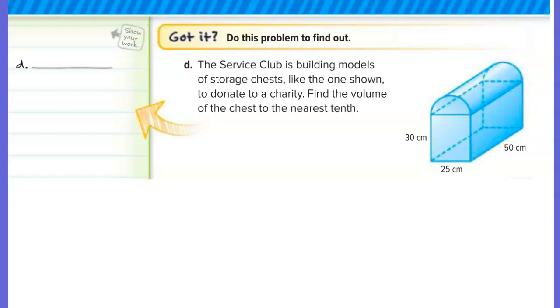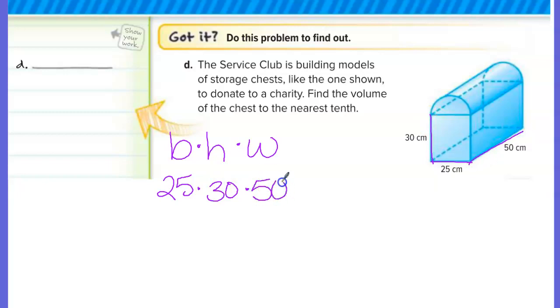To find the volume of the rectangular prism, you take base times height times width. Our base is 25, our height is 30, and the width is going to be 50.